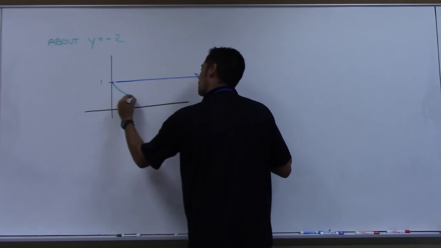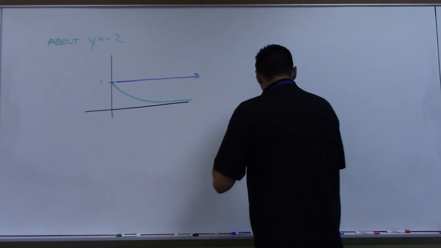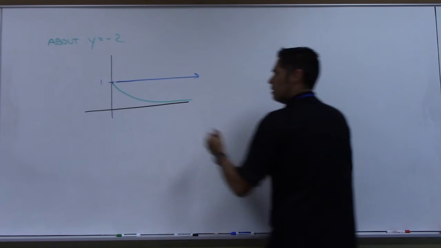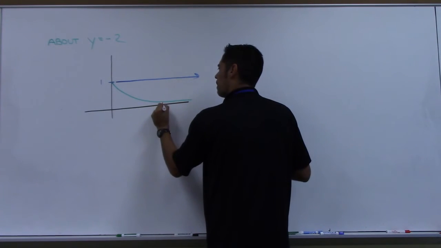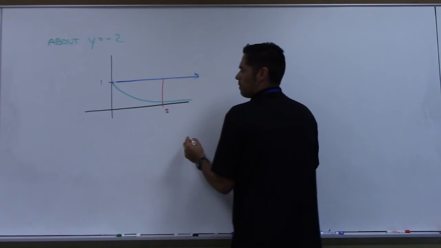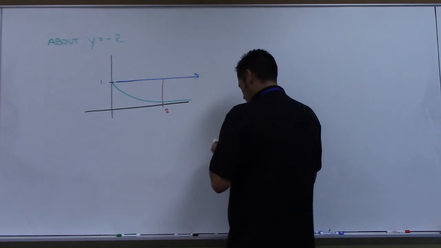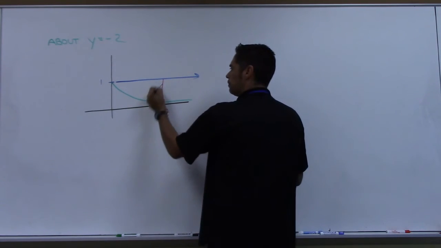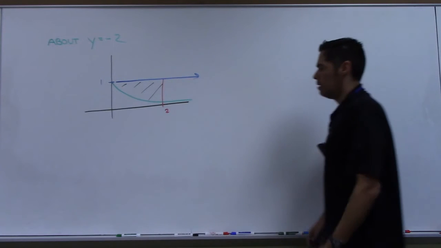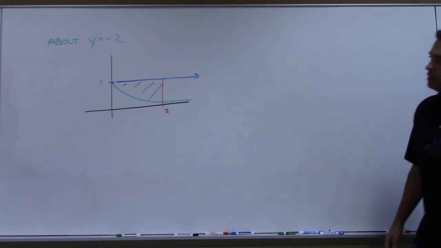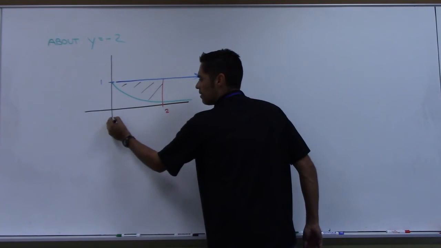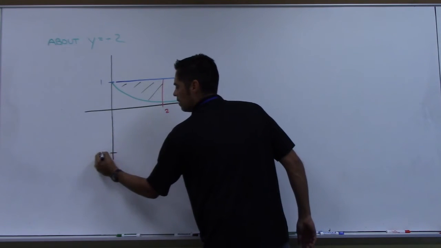This one came down like that. What was the x? It was 2, right? Yep. This was 2. So our region was right in here. This time, though, our axis of rotation is down here.